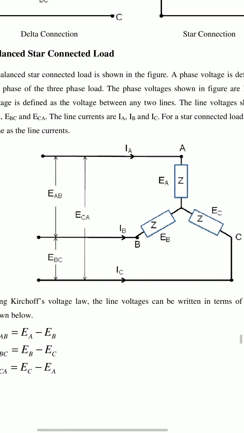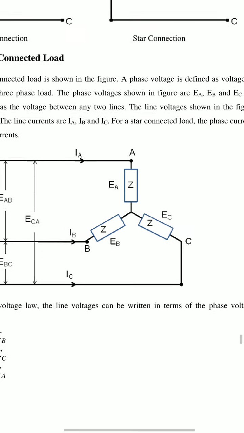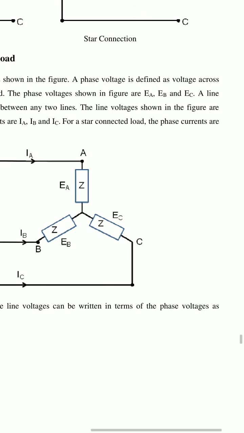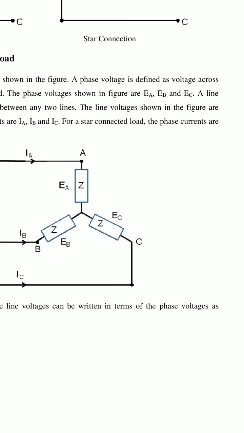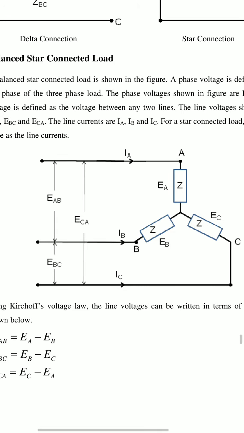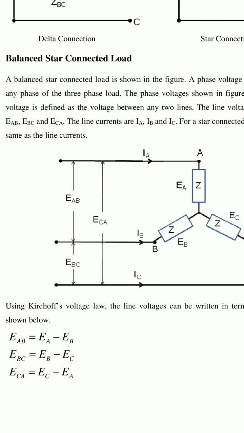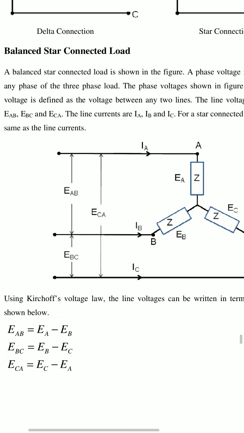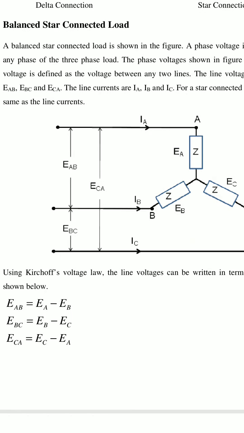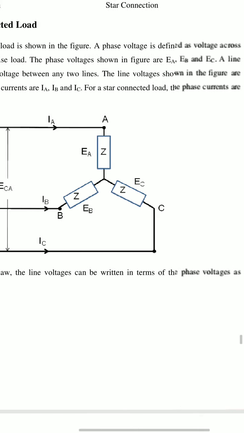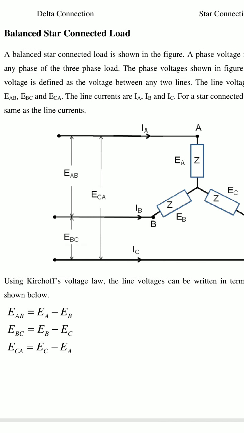The phase voltages shown in figure are EA, EB and EC. A line voltage is defined as the voltage between any two lines. The line voltages shown in figure are EAB, EBC, ECA. The line currents are IA, IB, IC.